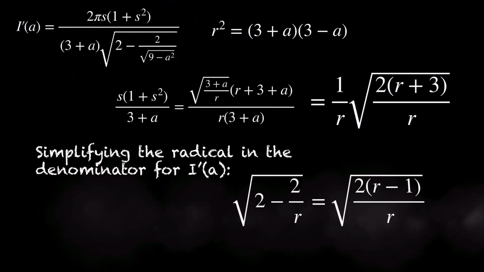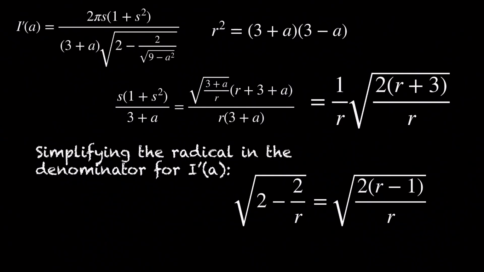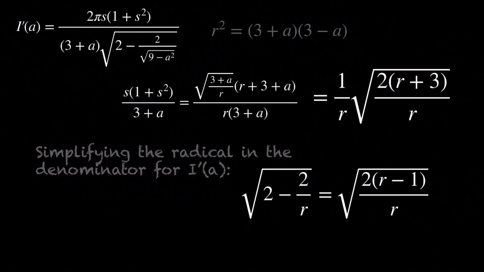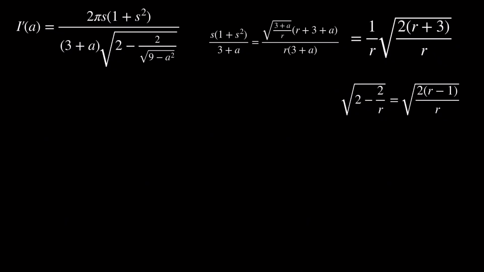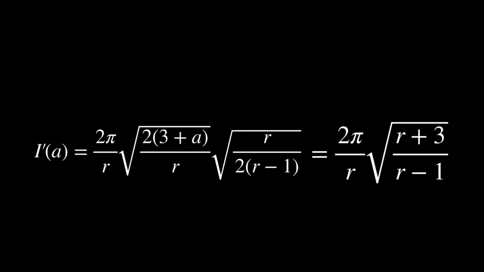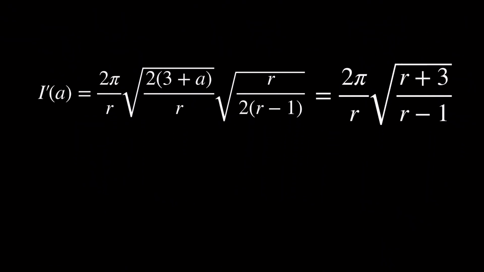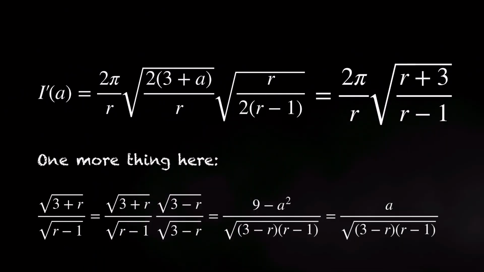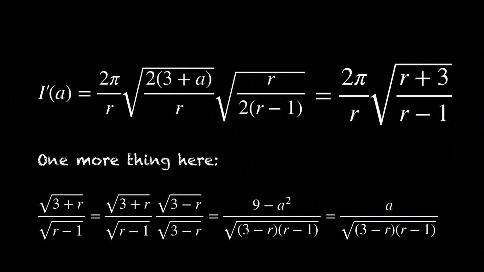Simplifying the radicand in the denominator for I prime, the square root of 2 minus 2 over r, we get this quantity. So I prime, putting those two square roots together, gives us 2 pi over r times the square root of r plus 3 over r minus 1. So there's one more thing here.